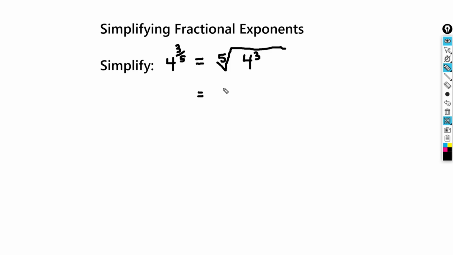Well, 4 cubed is 4 times 4 times 4. So the 5th root of 4 times 4 times 4. If I multiply 4 times 4 together, I get 16. And then we're going to have 16 times 4. That equals 64.